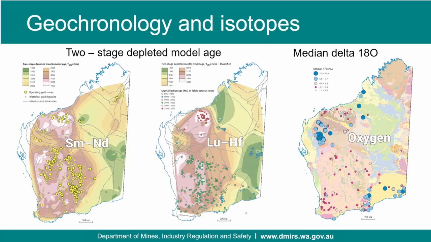Now, these suggest the existence of a subsurface Proterozoic terrain in between the West Australian craton and the North Australian craton. This interpretation is supported by oxygen isotopic mapping, which reveals a distinction between the Archean cratons and the Proterozoic origins.